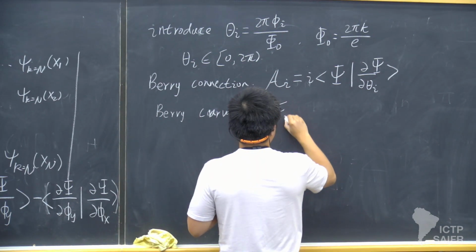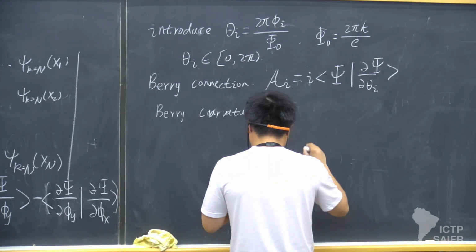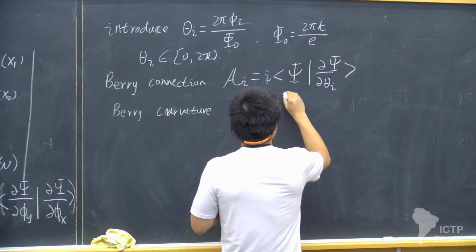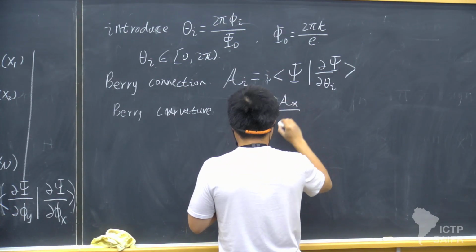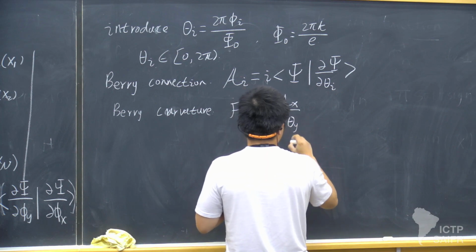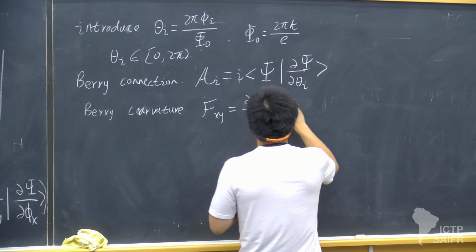That is, let me write it as fancy F. In the analog of electromagnetism, that's really just my magnetic field, right?